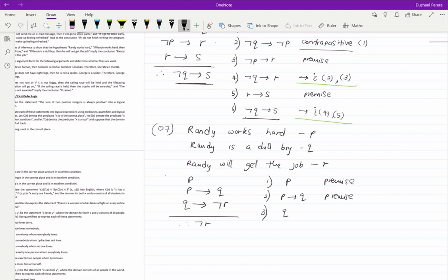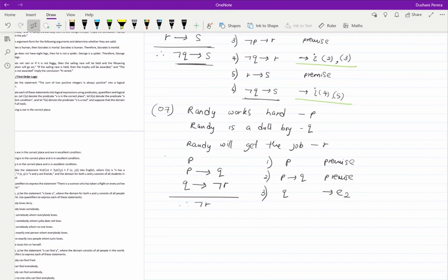This is the rule of modus ponens. So how do I write the notation for it? This is implication again, and I'm eliminating, like I mentioned before, you're not introducing something new, you're eliminating P here. So this is E for elimination. And since we take the second atomic proposition here, we write E2. If it is P that we take, then it's E1. If it is the second that we take, we write E2.